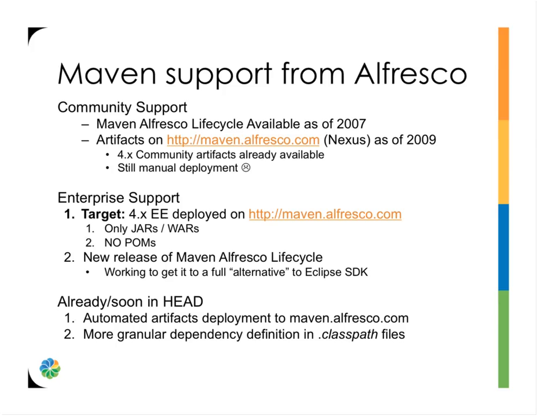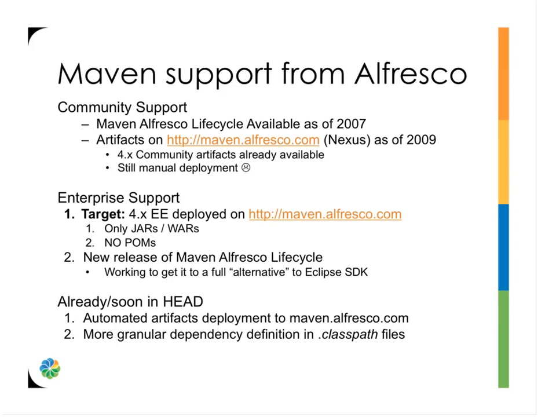Closing up, as I said, I already have a procedure that we're hopefully going to commit soon for automating the deployment to the Maven repository. And Nick, one of our engineers who started in the last couple of weeks, did some commits making our dependency definition in the SDK more granular.